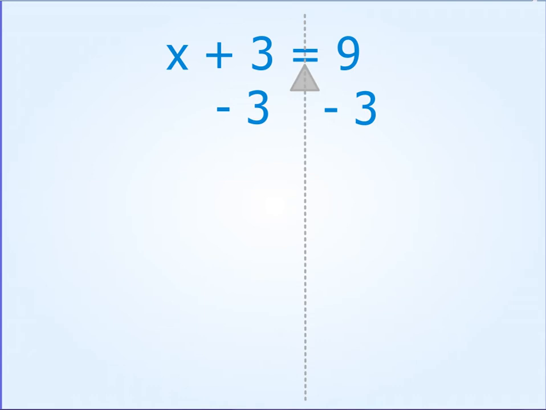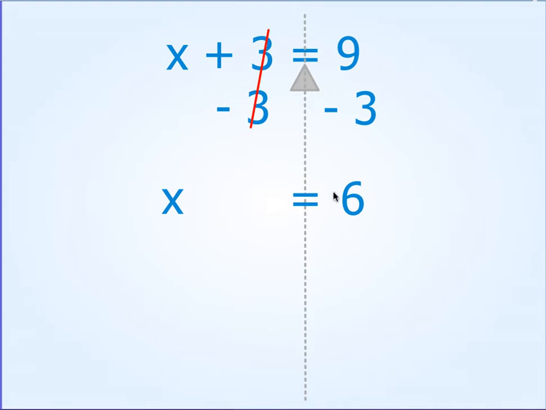Now on the left-hand side, 3 minus 3, of course, those are gone, right? 3 minus 3 is 0, and x plus 0 is just x. I'm left with only x on the left-hand side of my equation, and on the right-hand side of my equation, 9 minus 3 leaves me with 6.